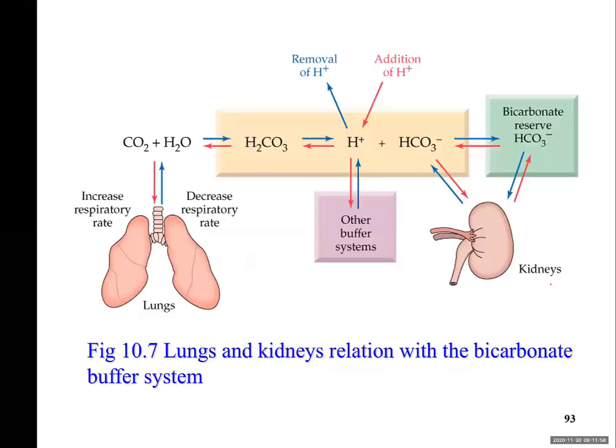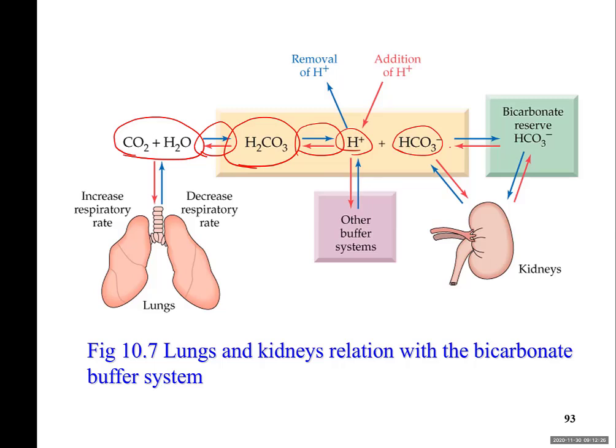And we started our chapter with this slide, where carbonic acid in our blood is formed by reaction of carbon dioxide and water. And through an equilibrium system, carbonic acid, through equilibrium, produces hydrogen ion and bicarbonate system.